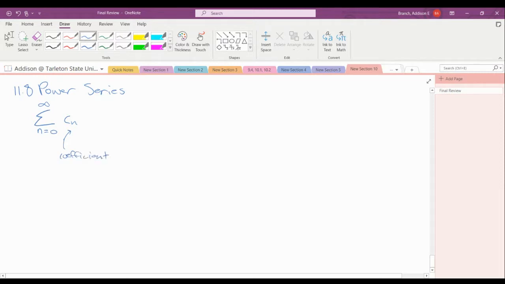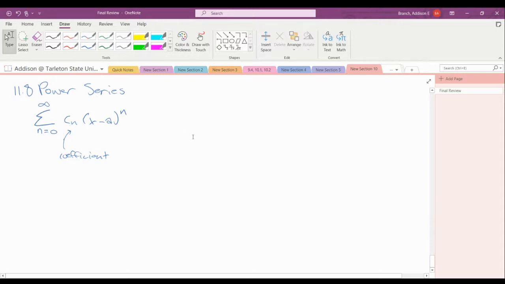That can be a constant number, or it can involve anything with n. It's just something out in front. The thing that defines it as a power series is the (x - a)^n, or you may just have x^n. They don't necessarily have a coefficient or a minus a, but they're always going to have some sort of x to the n.